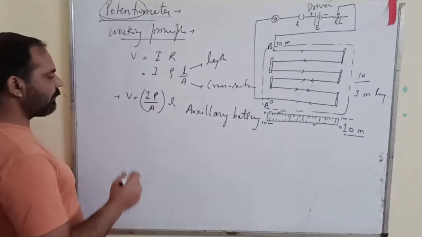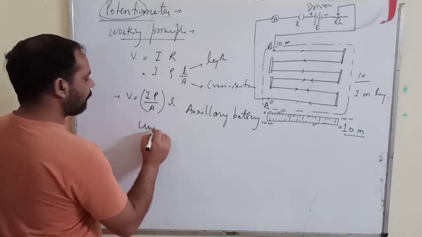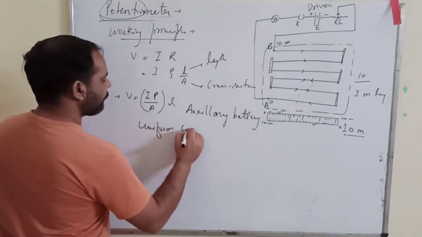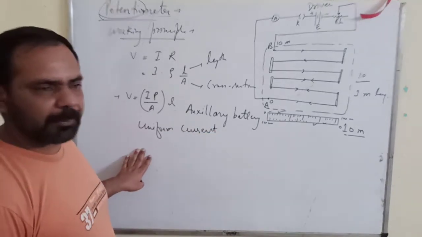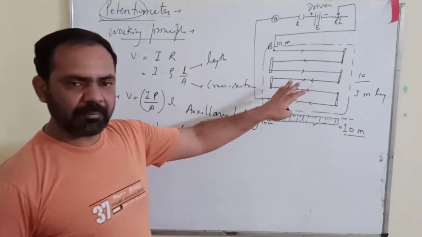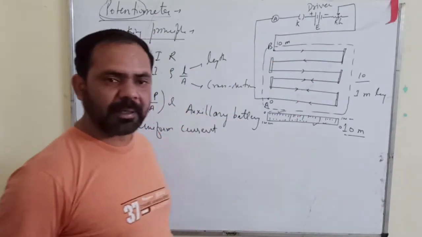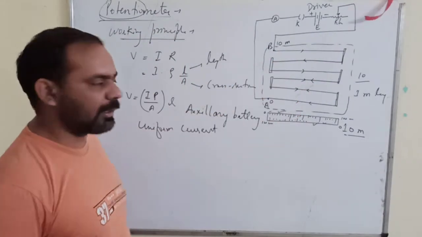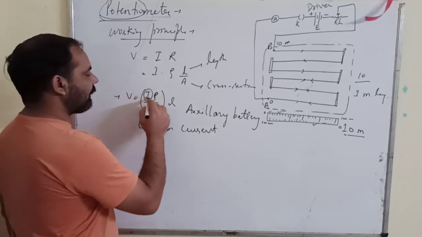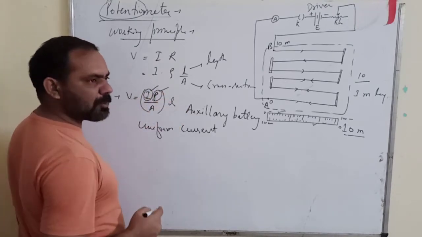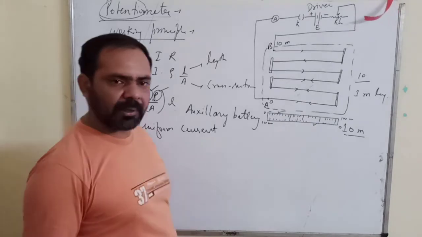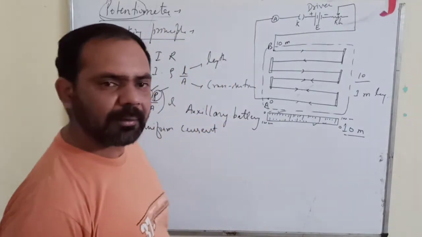Now suppose I give you a condition that a uniform current passes through the wire. With the help of a rheostat we are passing a uniform current, then can you say that this I is a constant? Now this rho, resistivity, specific resistance, is a property of the material, so it is again a constant value.